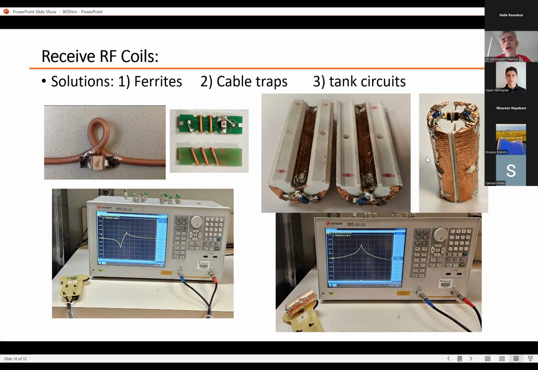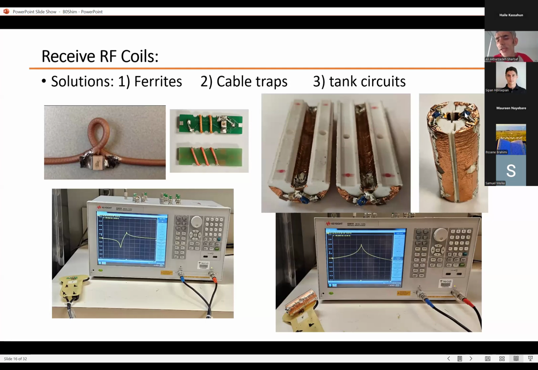This is another type of cable trap. It is made of two layers of copper plate. In between these two copper plates, some capacitors are installed. So again, it makes an LC circuit.